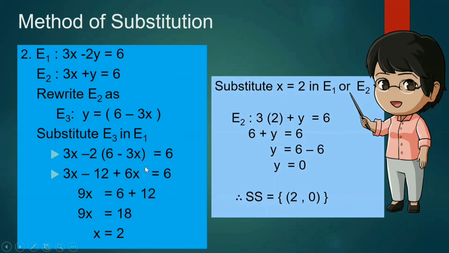Simplifying this expression, we solve for x and we end up with x is equal to 2. Substitute x is equal to 2 into equation 1 or equation 2. So equation 2 becomes 3 times 2 plus y is equal to 6, and then we solve for y, and y is equal to 0. So the solution set is the ordered pair (2, 0).